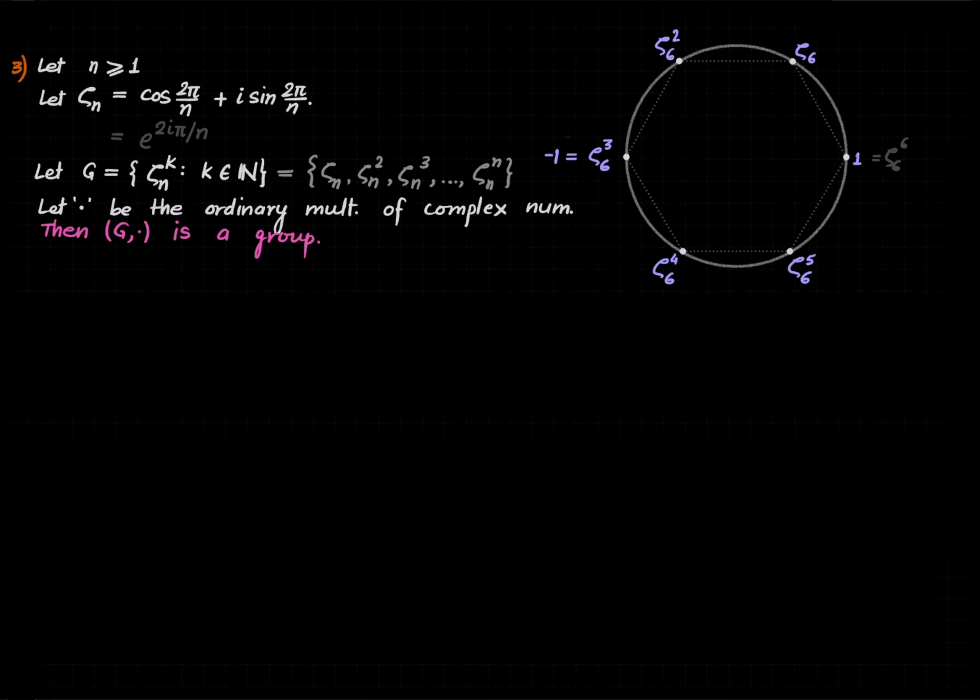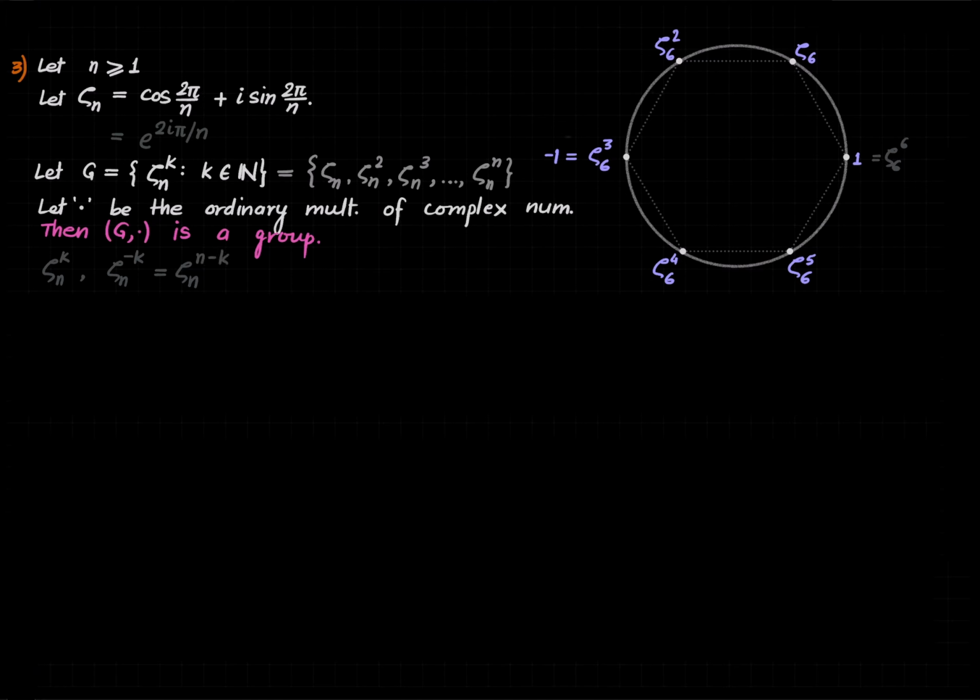There are multiple ways to see inverses. One way is the following. If you have zeta n to the power k, then zeta n to the power minus k is an element there. It may not look like it because minus k is nowhere to be seen in the exponents, but you can write zeta n to the power minus k as that.